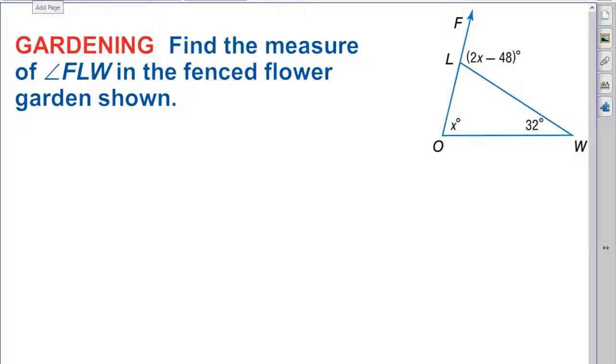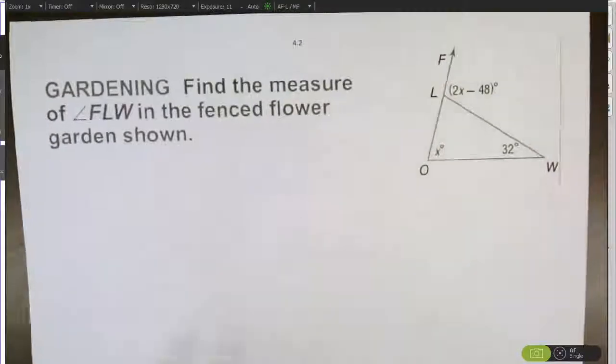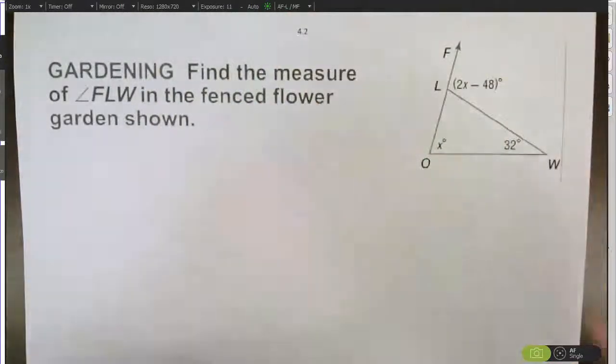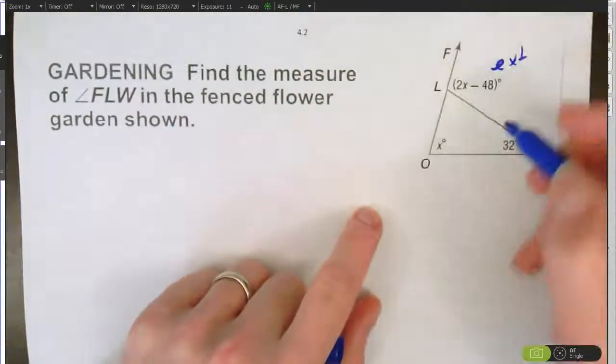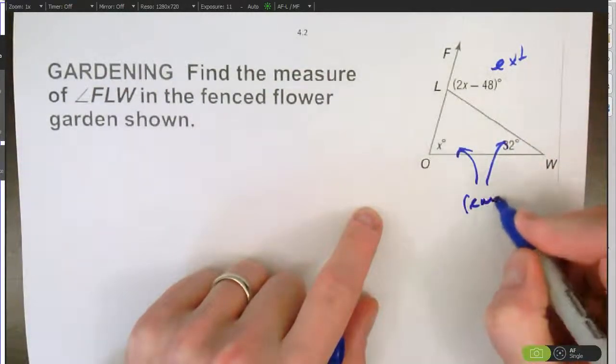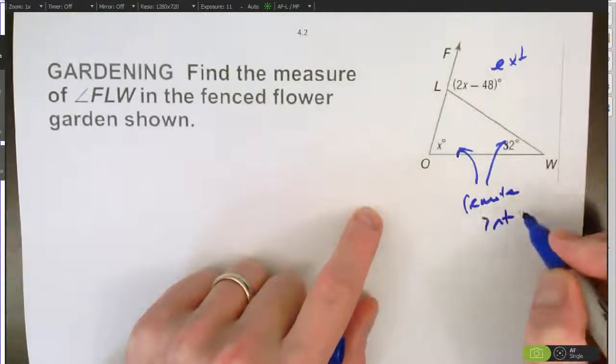Now, homework or example-wise for this, it's really just knowing the theorem and setting up an equation. They give us a flower garden just to give you some context. Doesn't really matter. The key is that this is the exterior angle, and those are the non-adjacent interiors, the remote interior angles.